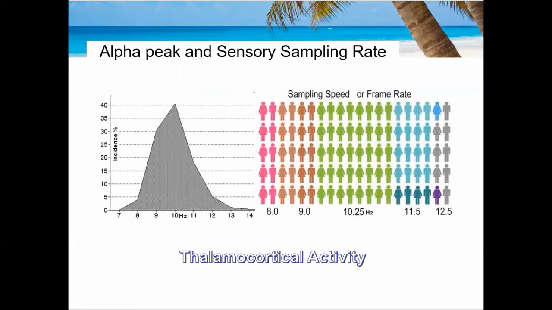We start off slower and we increase in speed with age, and we get there around 10. By age 10, you should be around 10 hertz. And then sometimes you go faster for a while. The adolescents you see at 11 and 12. And some people stay out there, but most of us come back to 10, because it's just like synchronizing with cars on the highway. It's more efficient to do the speeds around you than to have some absolute speed.